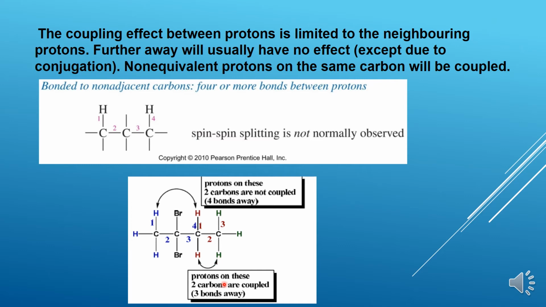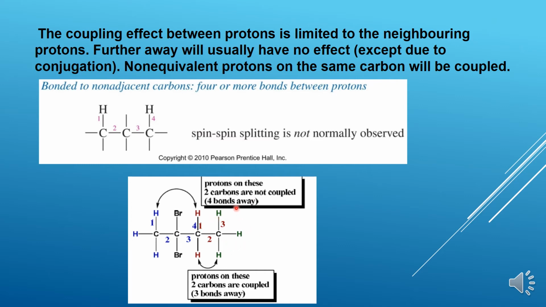Therefore, protons on these two carbons are coupled because they are 3 bonds away. Then, comparing this with the other one, proton 1 and proton 4 are far away from each other. They are separated by 4 sigma bonds. Protons on these two carbons are not coupled because they are 4 bonds away.